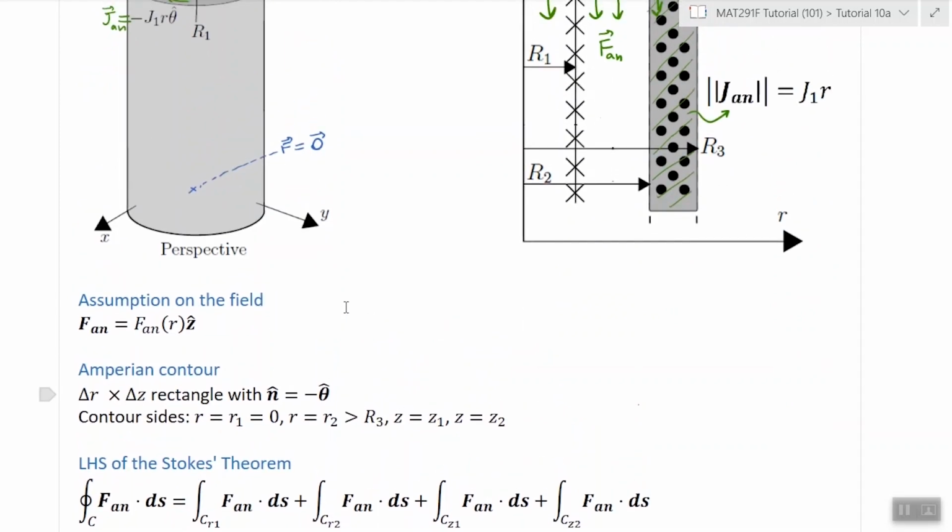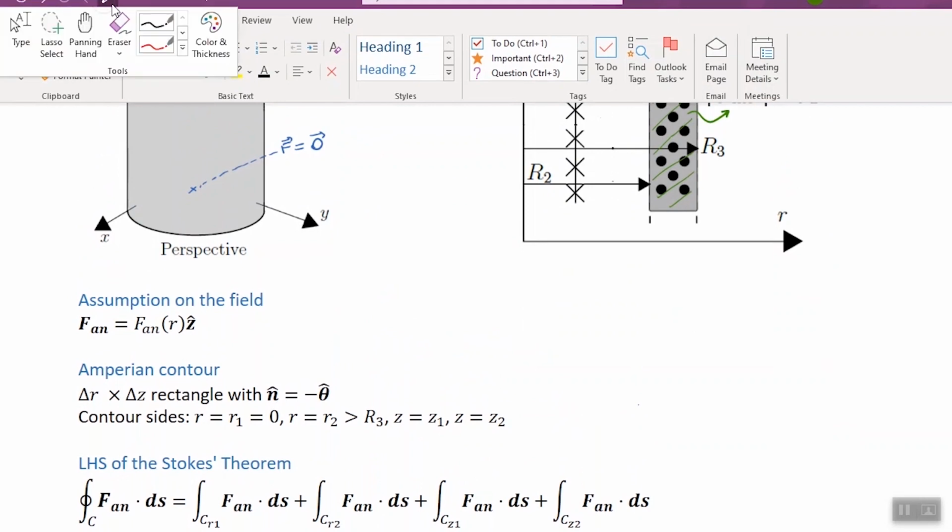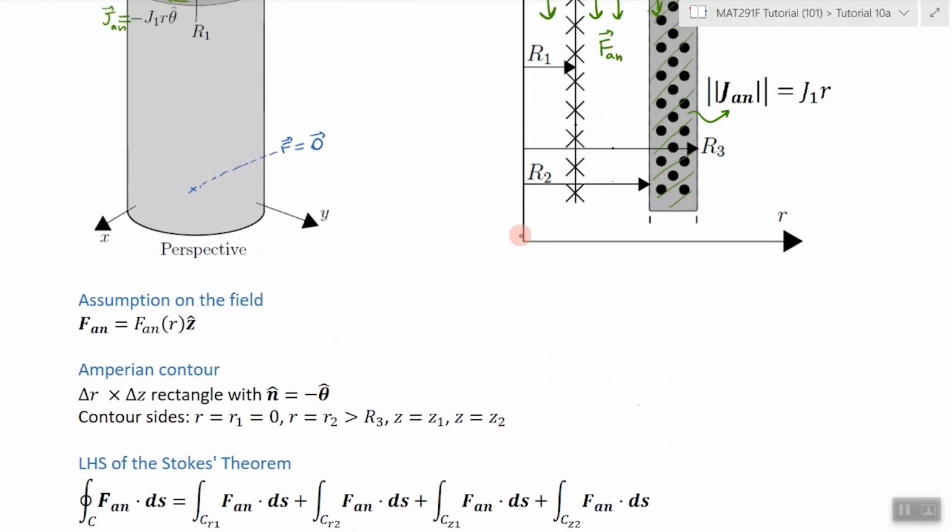The Ampèrian contour is going to be like this. We're interested in the field at this point, right? So this means that we want, again, our contour to pass through this point. And we would make the contour capture the entire current density.